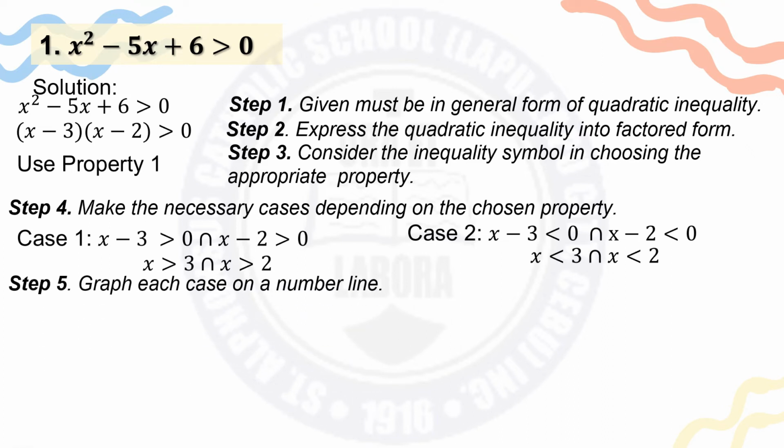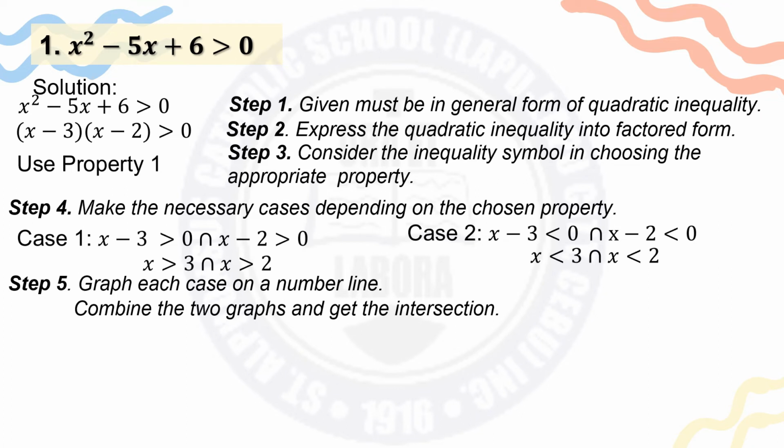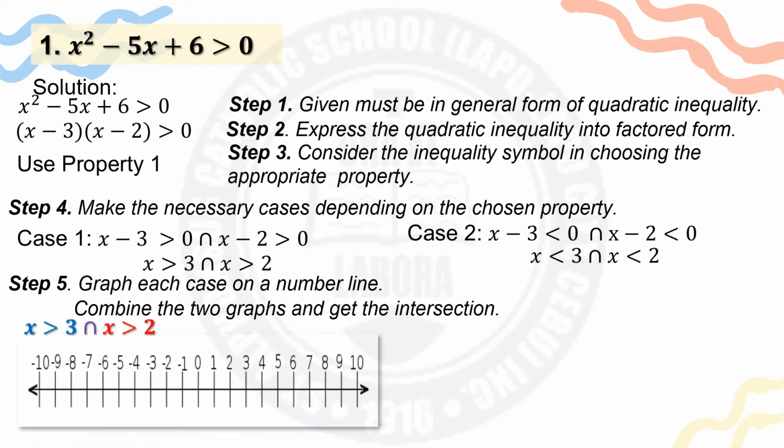So step 5, graph each case on a number line. So you will draw the number line for each case. Next, combine the two graphs and get the intersection. So let's have first the first case. Hollow dot on 3 and then going to positive infinity.